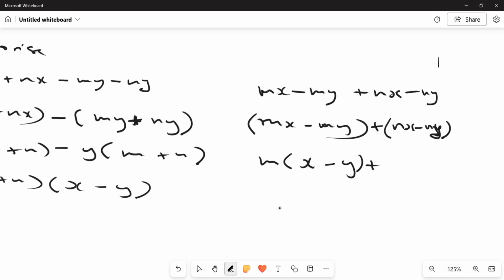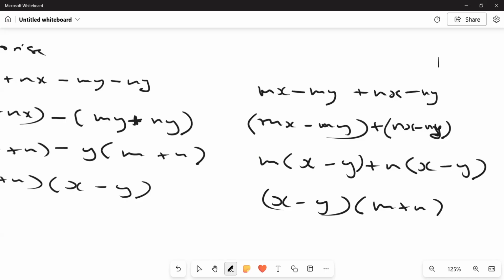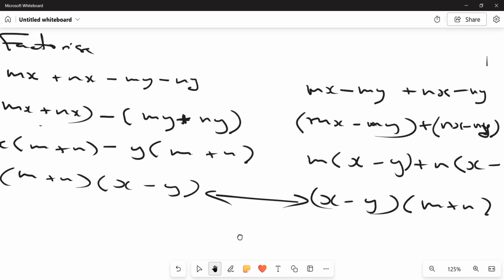Here you take out n, which gives x minus y in the bracket. Because these two are common, you get x minus y times m plus n. Right? Same answer. It's just the arrangement.